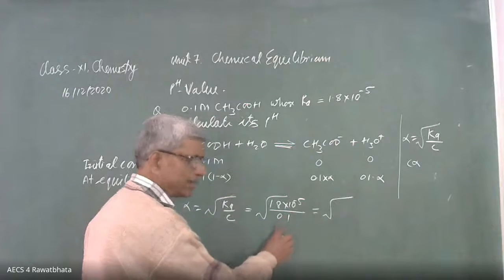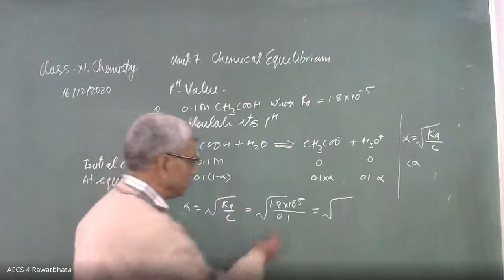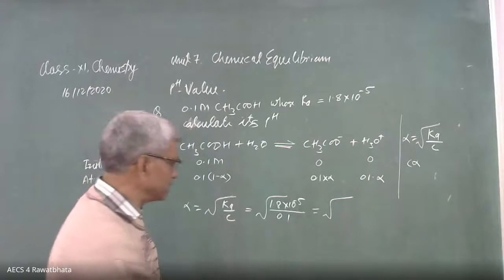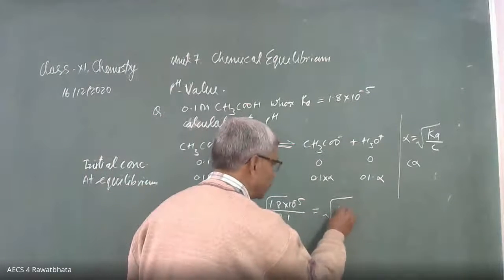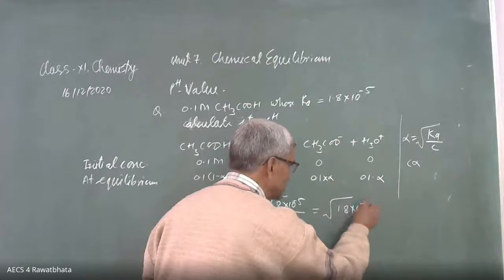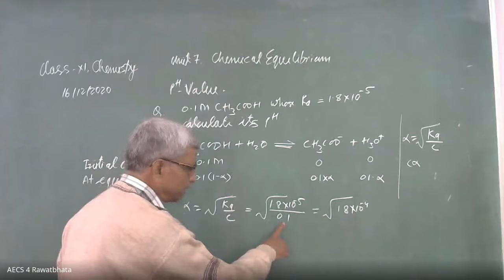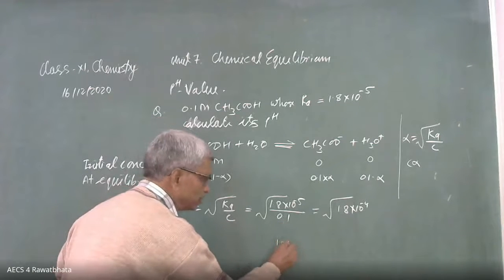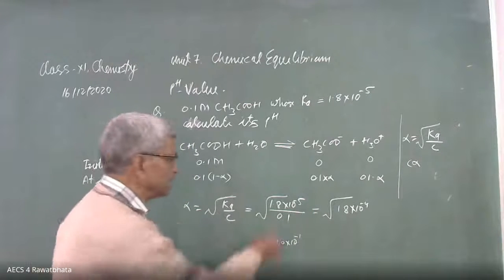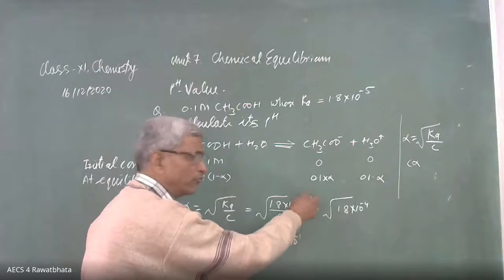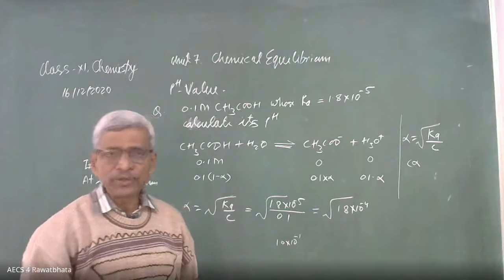Here 0.1 can be written as 1.0 into 10 raised to power minus 1. And when it is taken upside, it becomes positive. Then 10 raised to power minus 5 into 10 raised to power 1 becomes 10 raised to power minus 4. Finally it is 1.8 into 10 raised to power minus 4. Is it okay, children? Then how to take its square root?